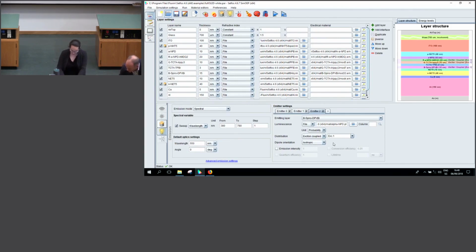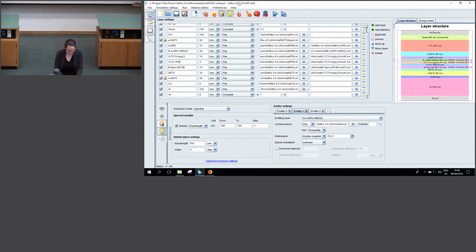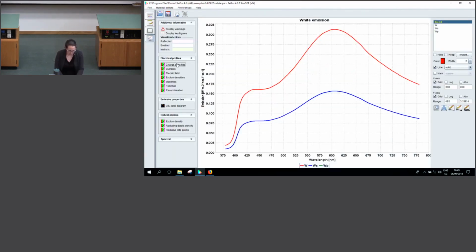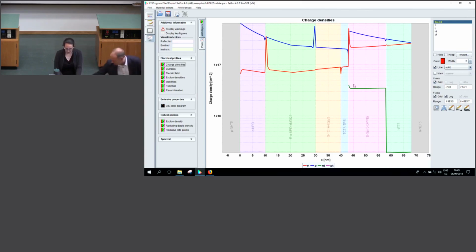And all of them are coupled to excitons. Actually, they are coupled to the same exciton, so we use the same exciton parameters. Additionally, I think there are some traps, but it's easier to run it, because then I can see where they are. Otherwise, I have to click through all the layers. So in the charge density plots, you see that we have also introduced some electron traps in this Spiro DPVBI layer, and here you would see the occupation of these traps.